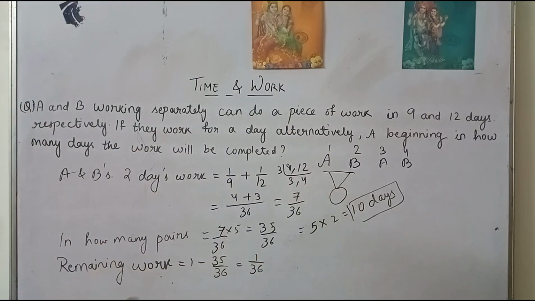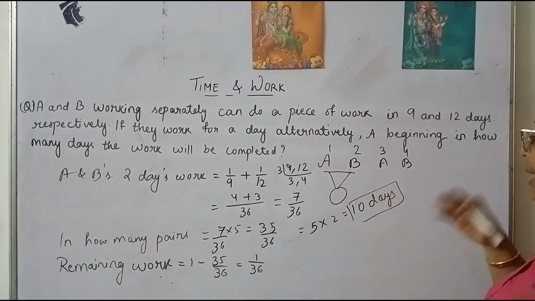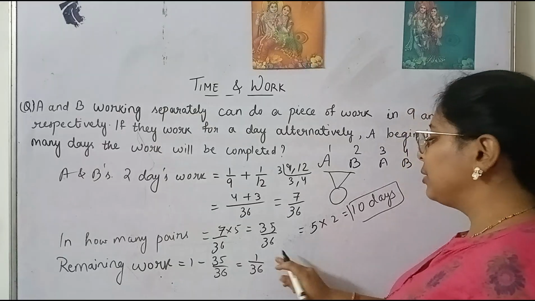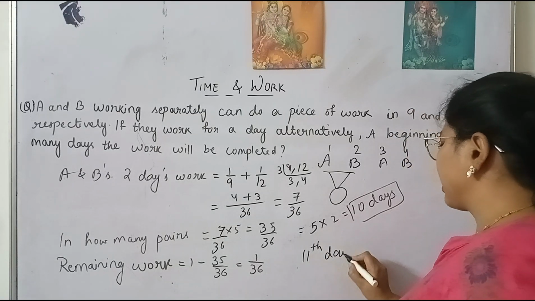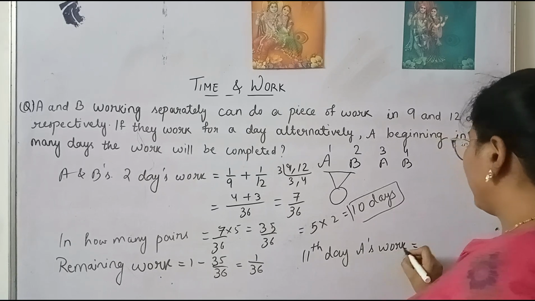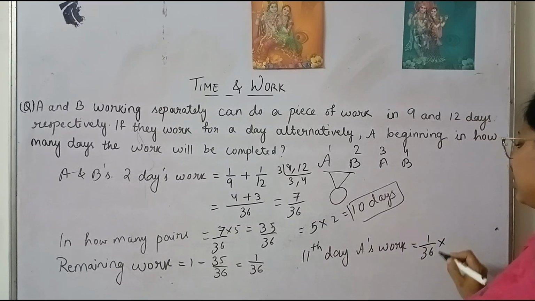As they work in pairs, A and B will have completed 10 days' work. So, the 11th day's work will be done by A again. Here A will do the rest of the work on the 11th day. He doesn't need to work the whole day because only 1/36 of the work is remaining. So, 1/36 multiplied by how much?